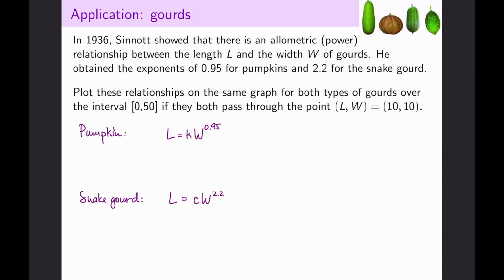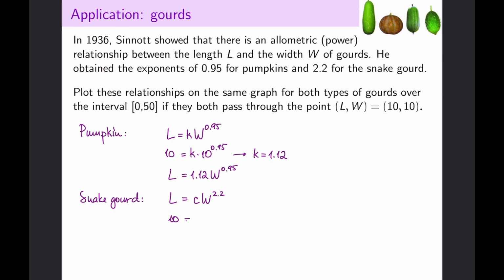If I plug in 10, that will leave me with only one unknown, which is K. Rounding to two places, I get that in this case, K is equal to 1.12. So that means that for pumpkins, I have that L is equal to 1.12 times W to the power 0.95.